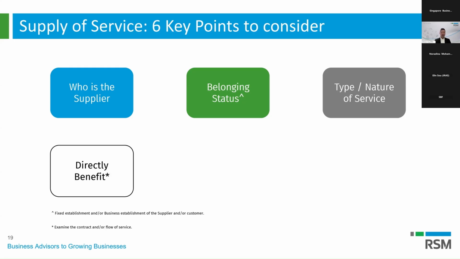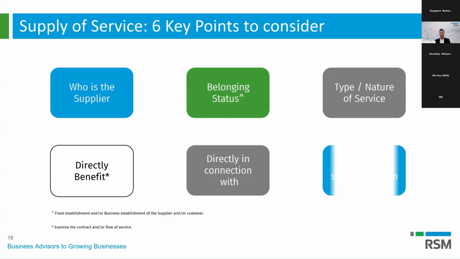Then who is the beneficiary? I believe you will agree with me that Richard will not be the beneficiary of the spa service. It's you who receive the spa service that you won during the quiz from Richard who will be the direct beneficiary. So these are areas that you need to ask yourself: who is the direct beneficiary when we decide to raise an invoice for services provided?